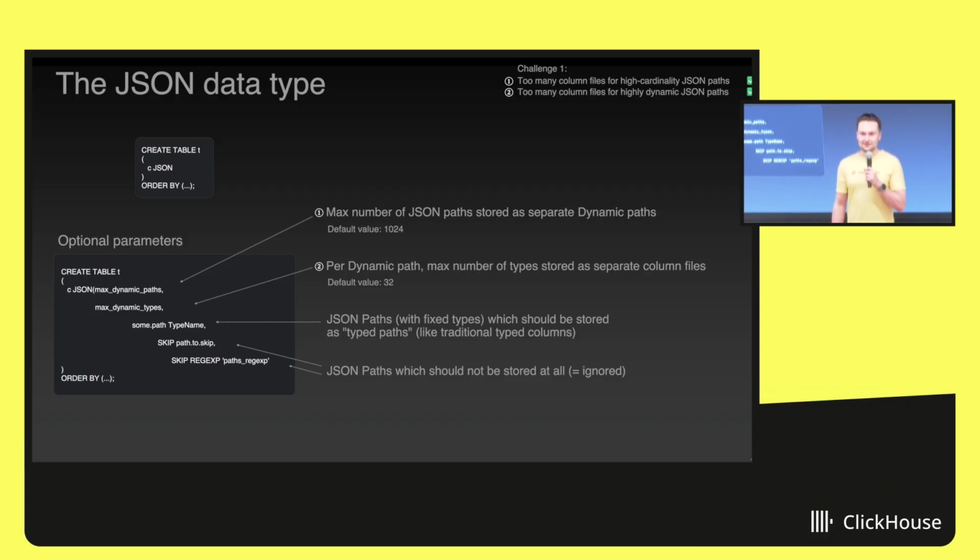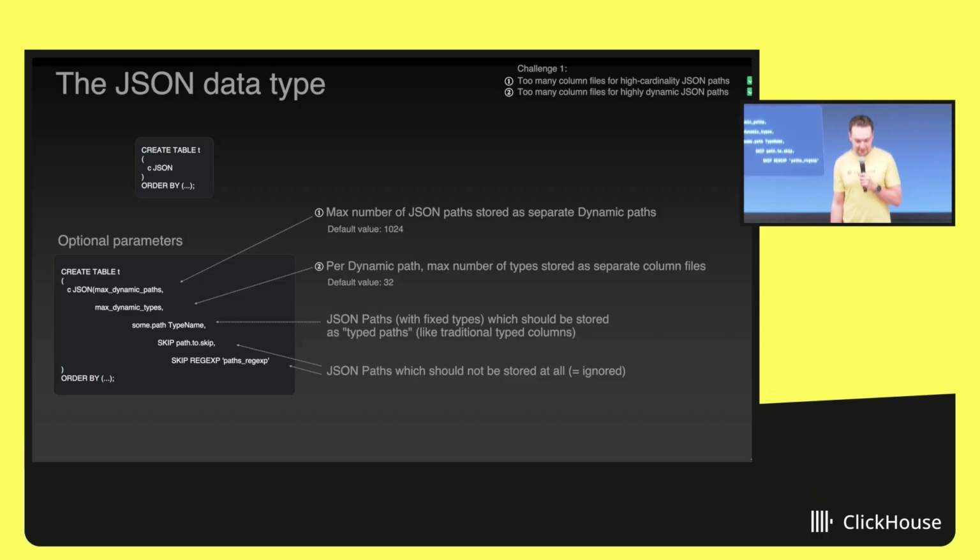And let's take a look at how it works from the user perspective, the new JSON data type. You can use it as simply as in the first example. Just create a column with type JSON. But also you can specify optional parameters to customize this data type, like in the second example.